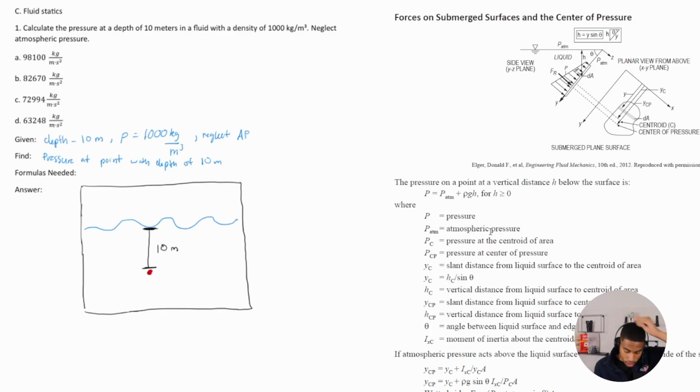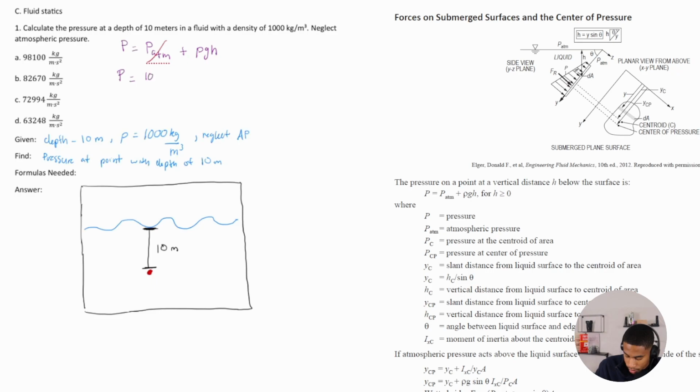Okay, so let's solve, all right? We have, I believe, everything that we need. So P is equal to PATM plus rho GH. All right. So we're neglecting atmospheric pressure, so that just goes away. And we are left with P is equal to, what is my rho?